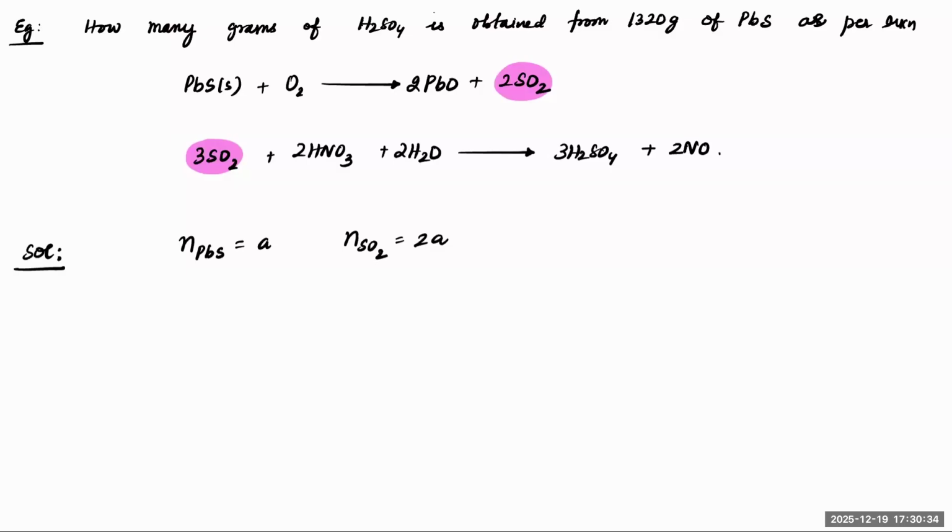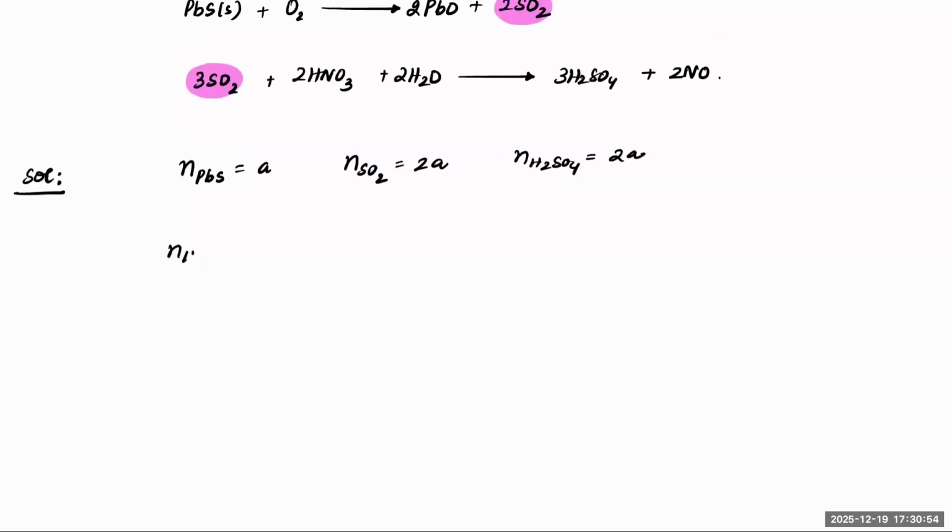And now relate SO2 with H2SO4. For every 3 moles of SO2, 3 moles of H2SO4 form. So for 2A moles, how many moles of H2SO4 will be forming? The number of moles of H2SO4 will be equal to 2A only. Correct? Therefore, can I say that the number of moles of H2SO4 will be the same as 2 times the number of moles of PbS? That's how you will relate it.